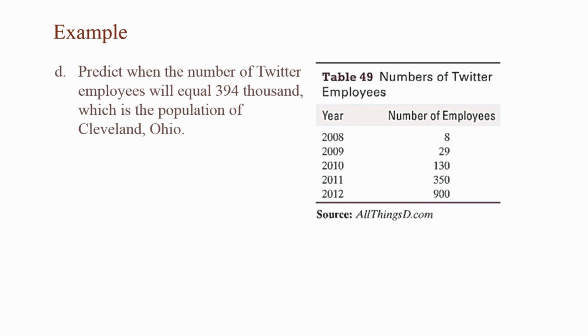So if we round that to the nearest year, that rounds to 12. So if t equals 12, 2005 plus 12 gives us 2017. So our estimate is that the employees of Twitter will equal 394,000 in 2017.